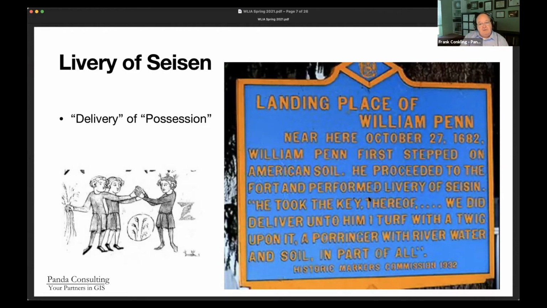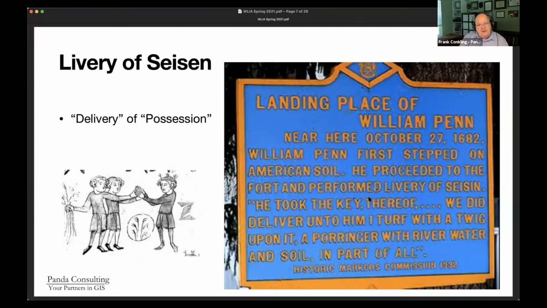And as a matter of fact, here is a plaque that's commemorating the landing place of William Penn, in which it talks as you go down through here. It says, he proceeded to the fort and performed livery of seisin. He took the key thereof, which was the main representation of that possession. He did deliver unto him one turf and a twig upon it, a porringer of water and soil in part of all.